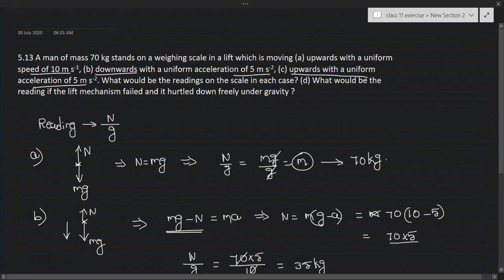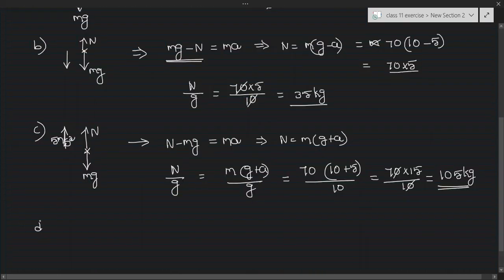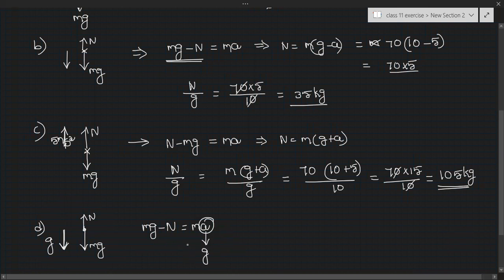Now coming to the fourth one. What would be the reading if the lift mechanism failed and it hurtled down freely under gravity? In the fourth one, the weight is always in the downward direction, and in the upward direction the normal reaction will be there. Now it is going downward freely, that means with an acceleration of g. So in this case I can write mg minus N equal to mass into acceleration, but here this acceleration is nothing but g, because it is going downward with acceleration g, freely falling.